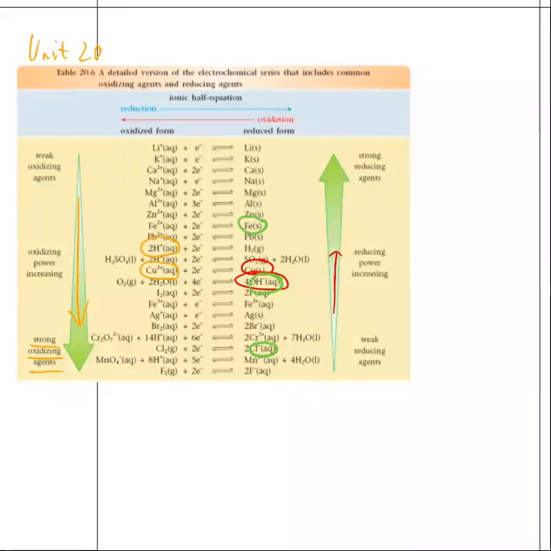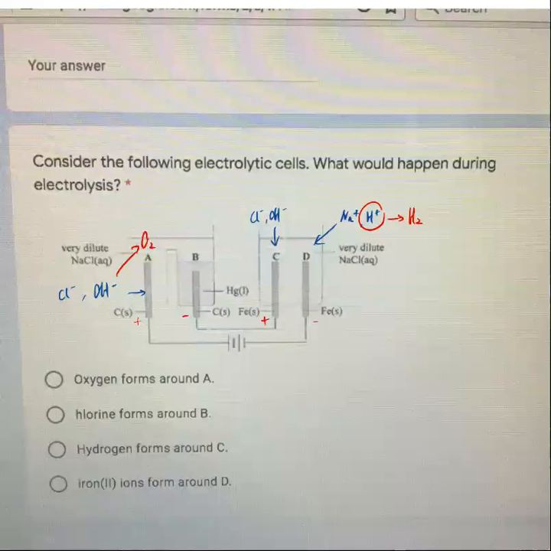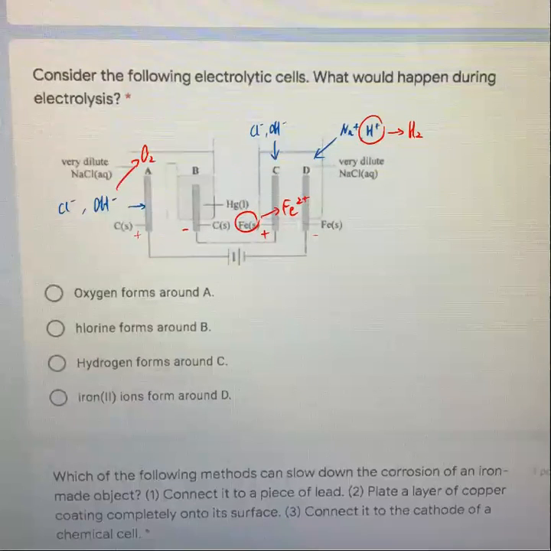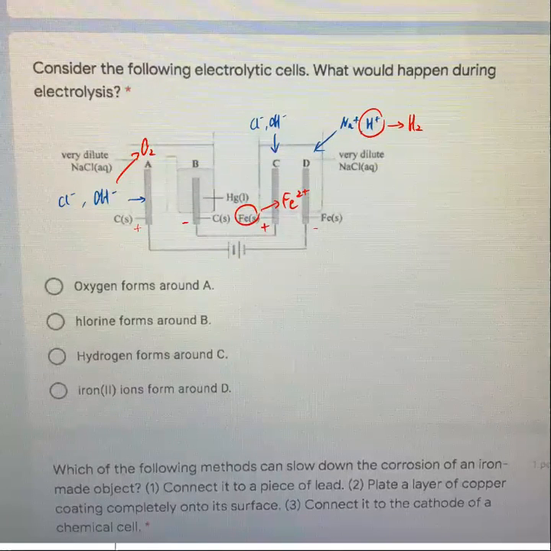So among these three, we know that iron is going to be the one that loses electrons. So here it would be iron that changes into iron 2+. With all this information, you should be able to pick up the correct answer.